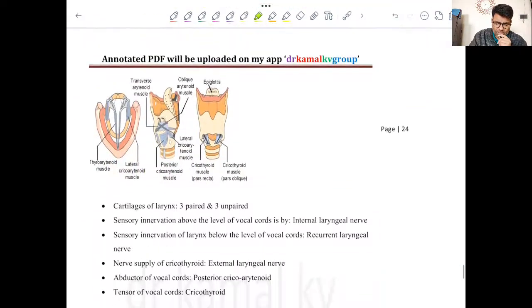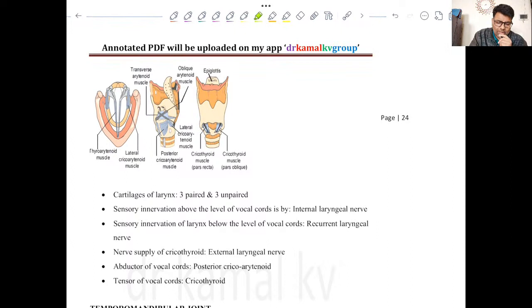Moving to larynx, there are 9 cartilages in larynx, 3 paired, making it 6, and 3 unpaired. So 6 plus 3 becomes 9. Now the unpaired cartilages are epiglottis, then thyroid, and the third one is cricoid.